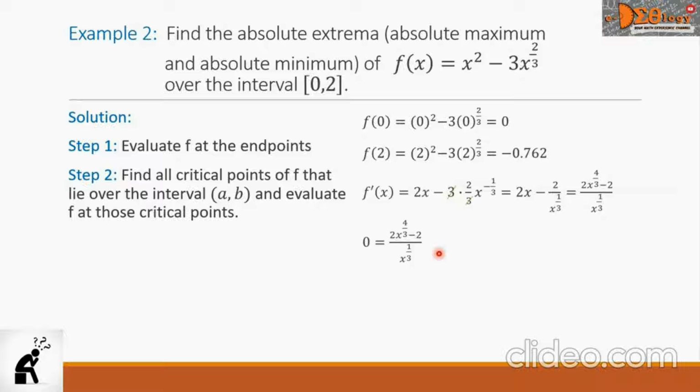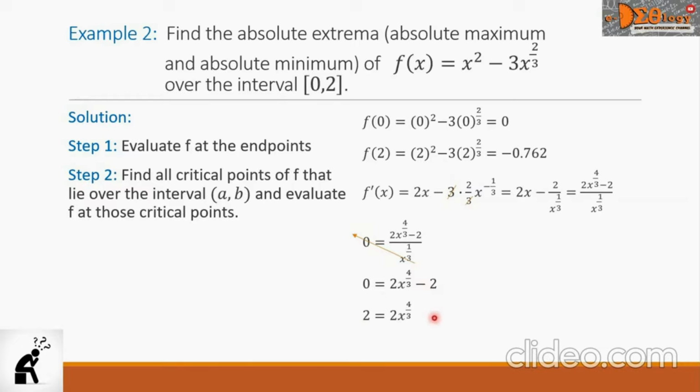So let us now solve for the x. Let us cross multiply this denominator to the left side, and this will just be 0. So we will have 0 equals this numerator. And solving for x, this negative 2, let us transpose to the left side, it becomes positive 2.